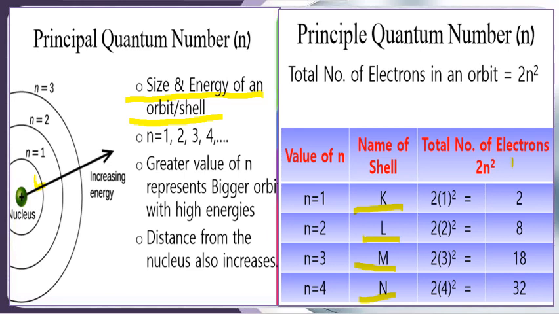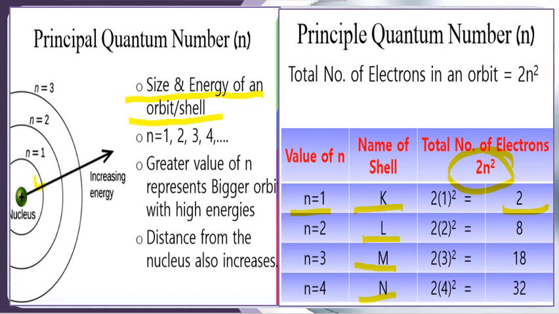Now, here the formula is given which tells you how many electrons can be accommodated in any of the shells. Here n is equal to 1, which tells you that it can accommodate 2 electrons, given by the formula 2n square. When we place the value of n in this formula, it becomes 2 multiplied by 1 raised to the power 2. The answer is 2.